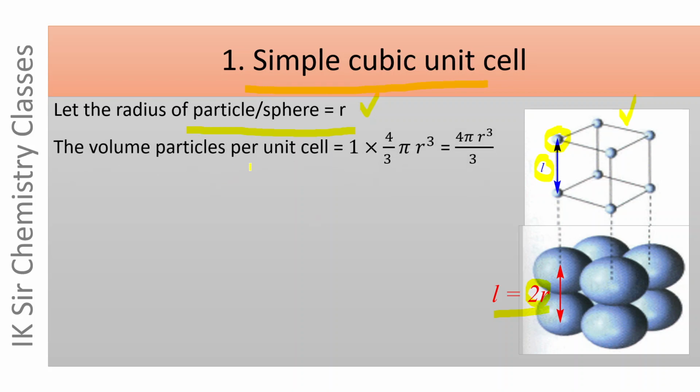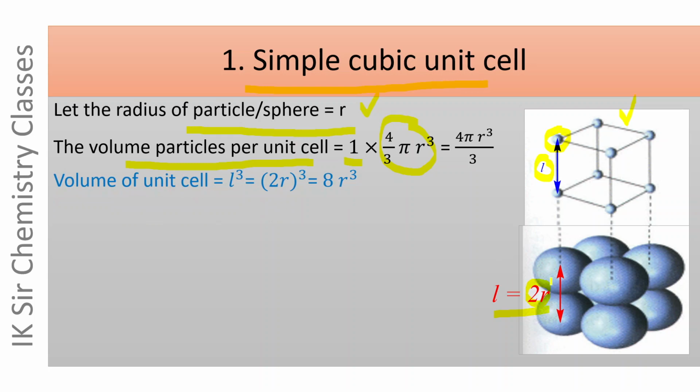The volume of one sphere in simple cubic unit cell will be 4 by 3 pi r cube. The number of particles per unit cell is 1, and hence the volume of particles per unit cell will be 1 multiplied by 4 by 3 pi r cube, that is 4 pi r cube divided by 3.